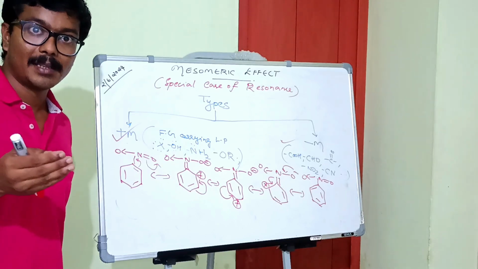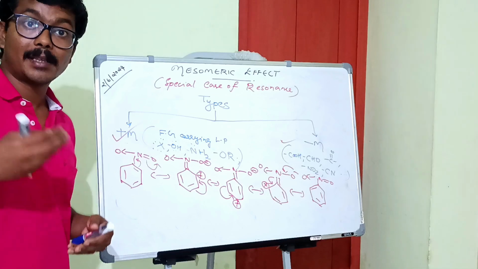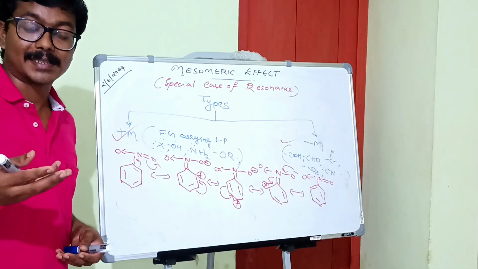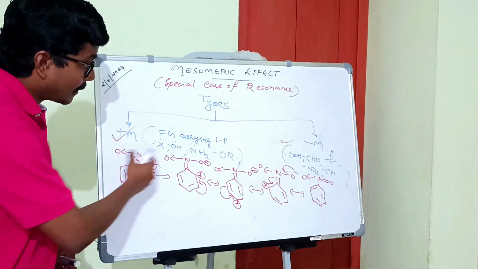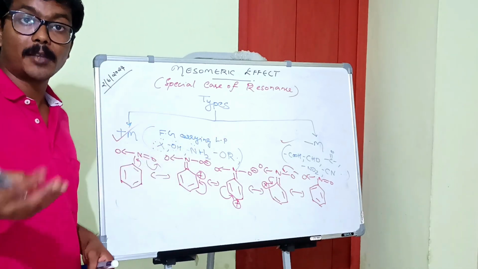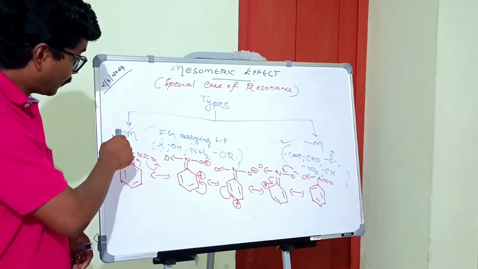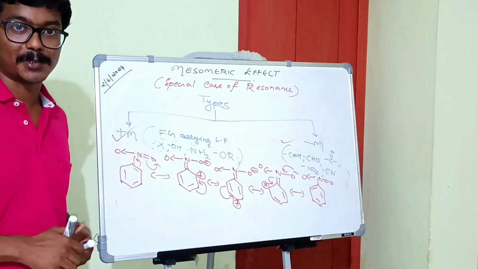A nucleophile is a species having a lone pair or electron dense, so it will seek a nucleus, a positive charge. So minus M effect facilitates nucleophilic substitution reaction, whereas plus M effect facilitates electrophilic substitution reaction.